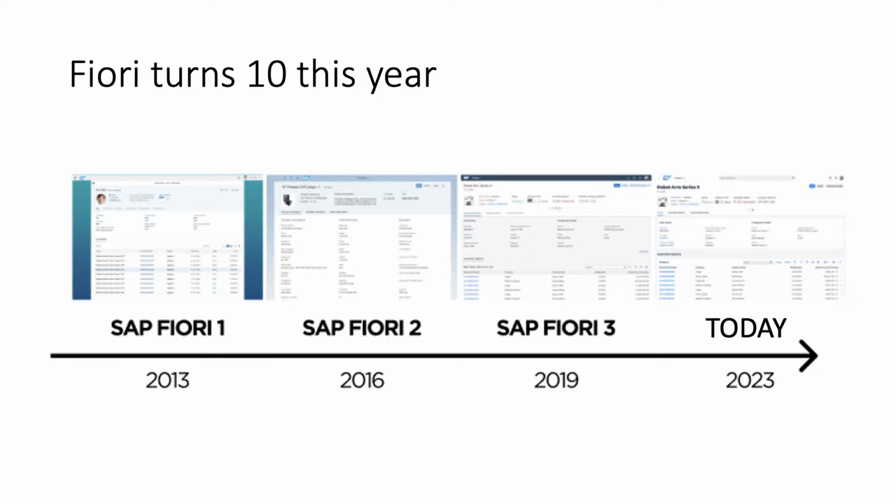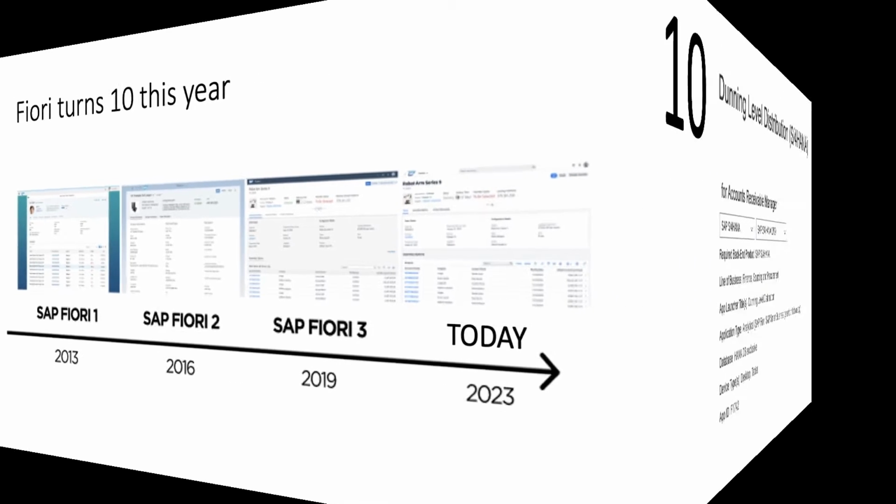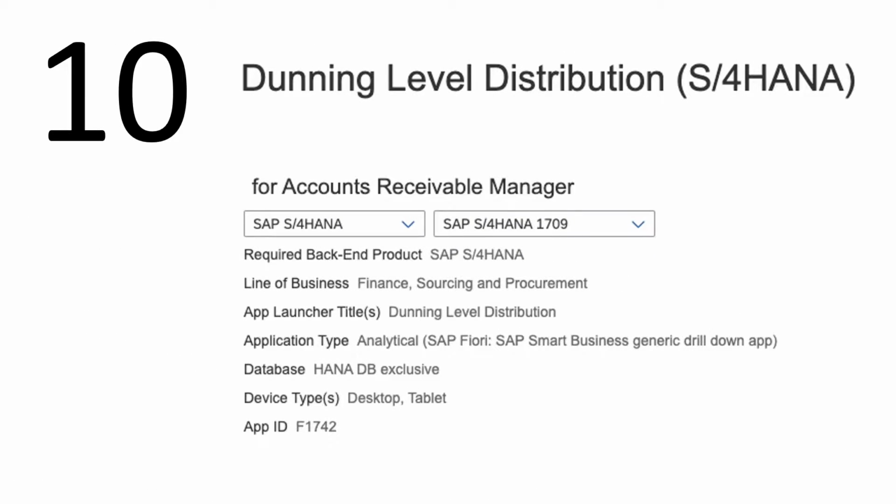You just notice it when the database is fast, that your reports are fast, and Fiori is the most noticeable thing that you have by changing. So that's what we have, and now we turn to my top 10, starting with Dunning.